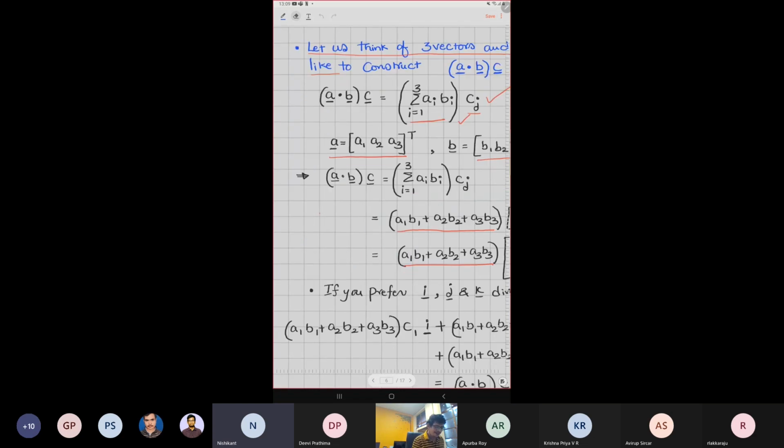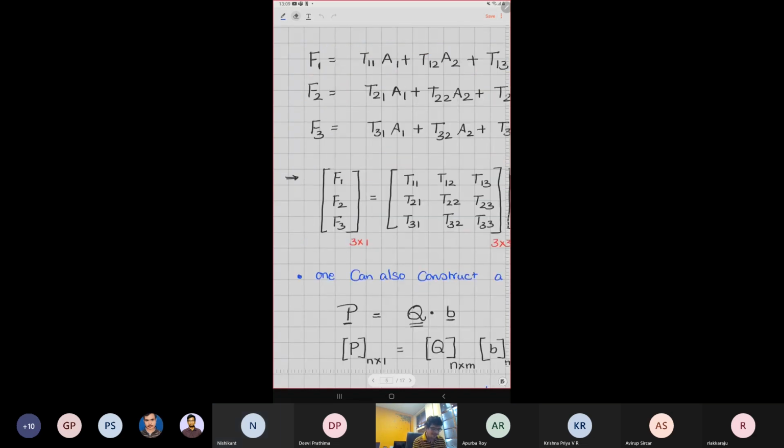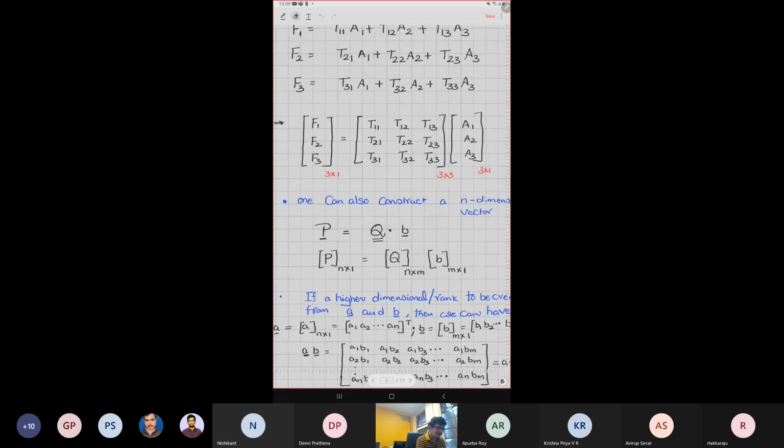No, there will not be any operator. It's up to you how you want. See, for example, AB I have written here. Look at this. What kind of dot you have? AB can exist. It's just A_i, B_j, and everything is scalar. What kind of operator exists there? It's perfectly permitted.